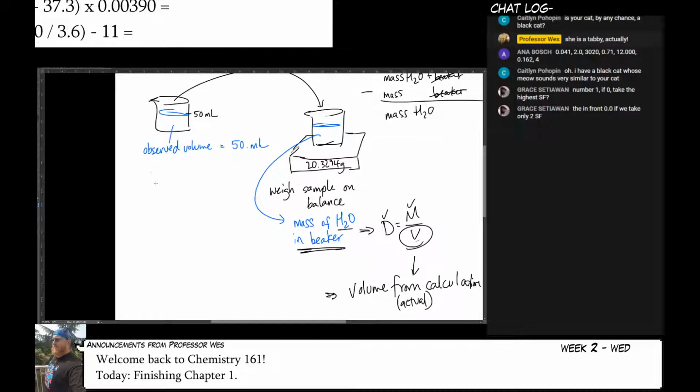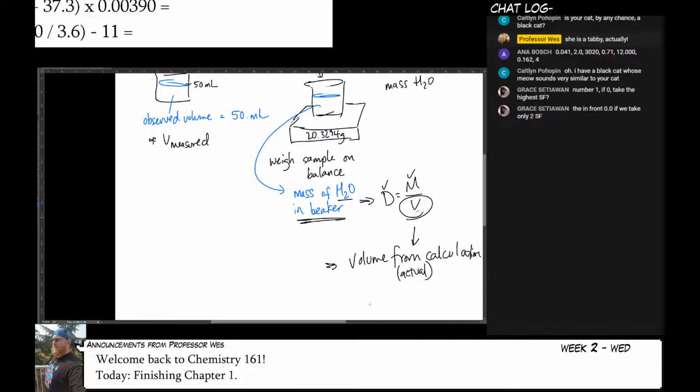So now what we're going to do is say, okay, this is the volume that we measured. And this volume down here is the volume that it actually was.